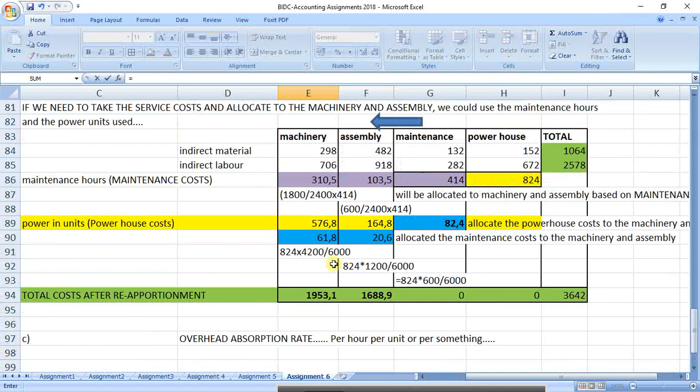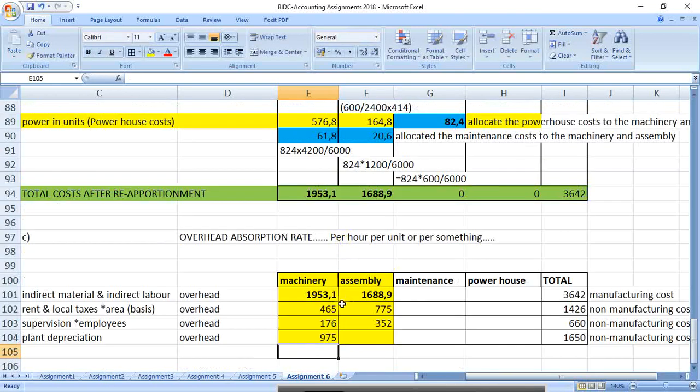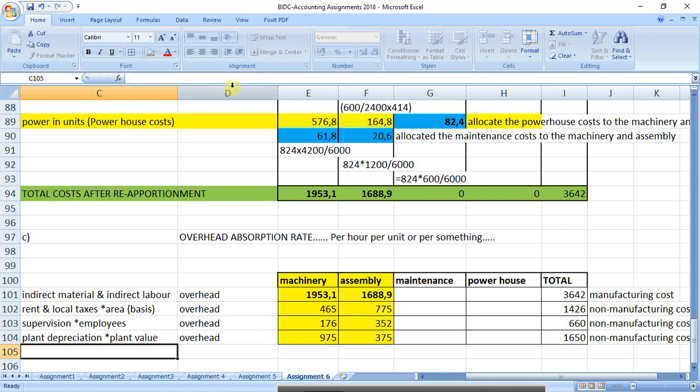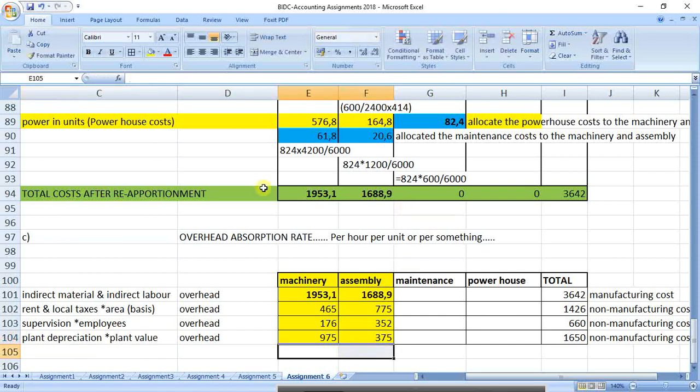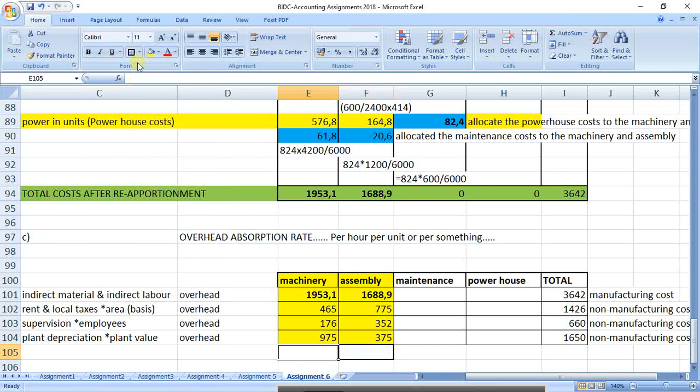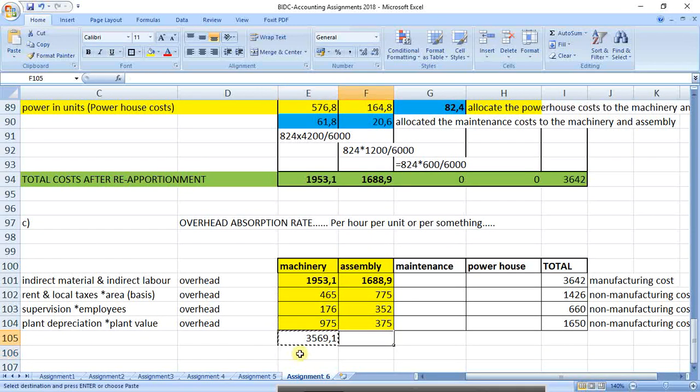Right, and then the overheads, plant depreciation, there it is. Okay, what did we say was the best way to allocate this? Plant value. That's what we said. Right, so what's the total? Let's check. Okay, so there's the totals.